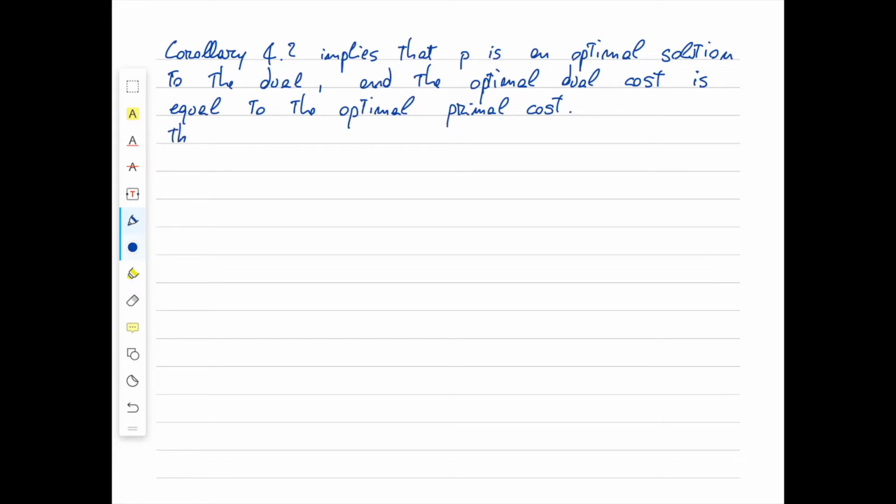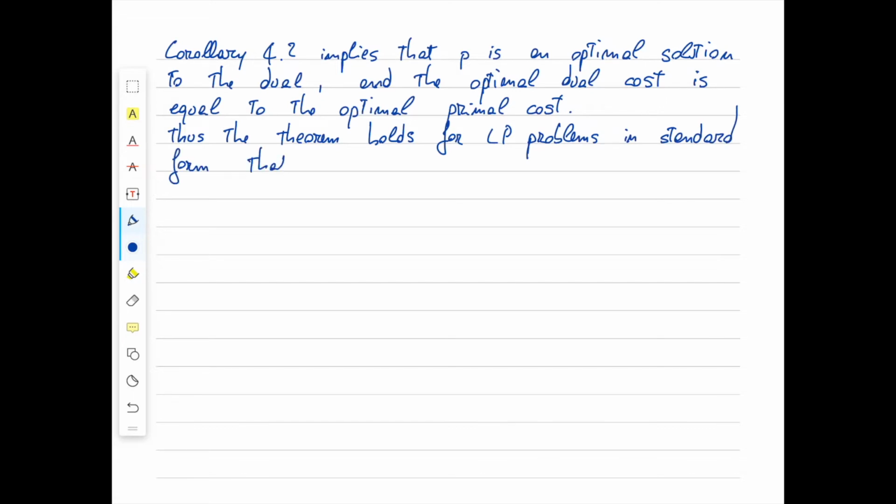Thus, the theorem holds for LP problems in standard form that satisfy our assumptions.